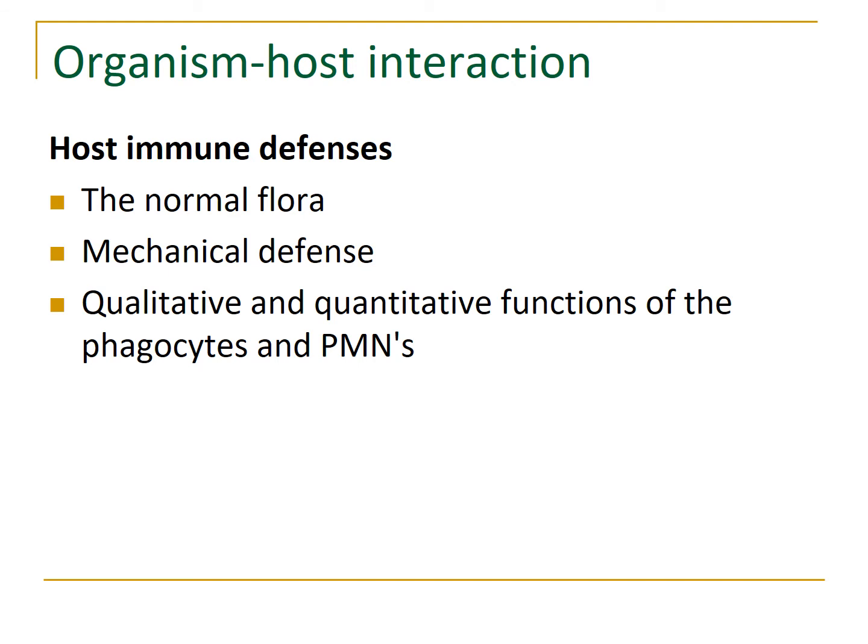For any organism to cause disease, it must first enter the respiratory tract. And there are several mechanisms that serve to non-specifically protect the respiratory tract from infection, namely hair, mucus, and epithelial cells that line the respiratory tract.